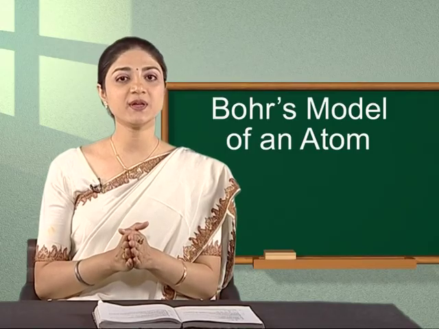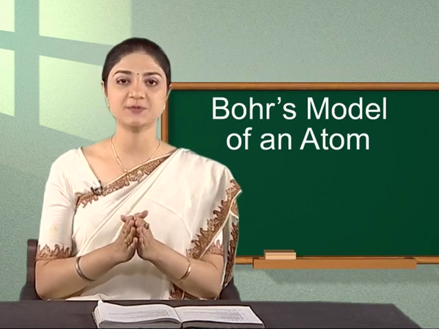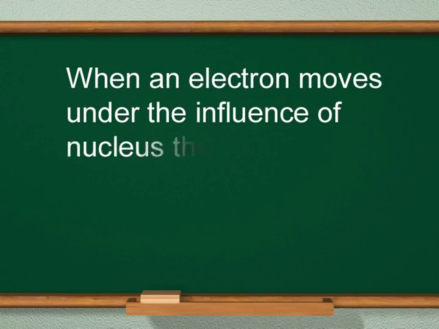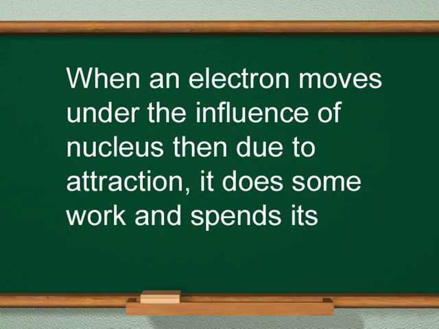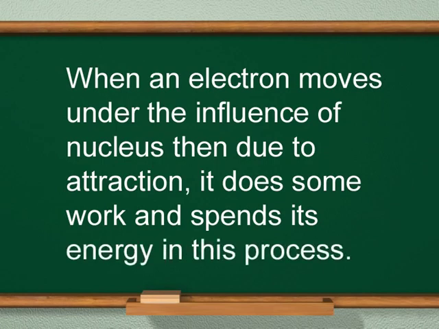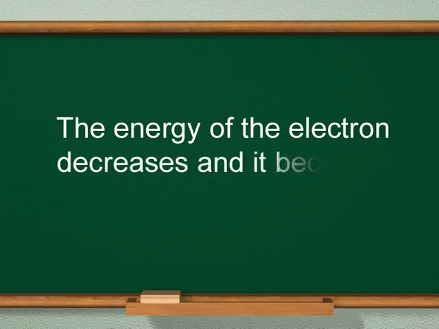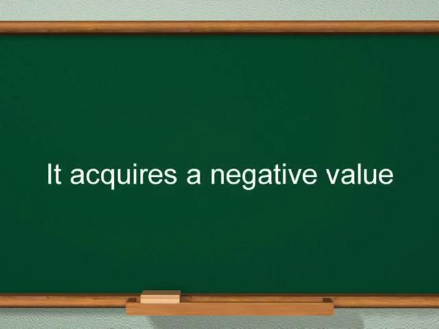Can you guess really what happens when an electron moves? Let me tell you. When an electron moves under the influence of nucleus, then due to attraction, it does some work and spends its energy in this process. Finally, the energy of the electron decreases and it becomes less than 0. It means that it acquires a negative value.